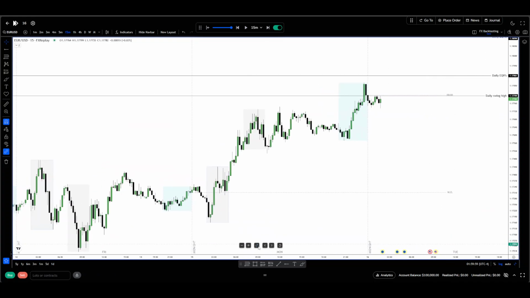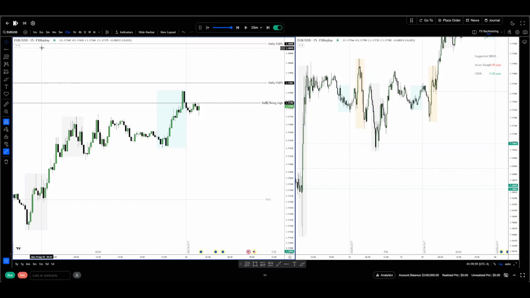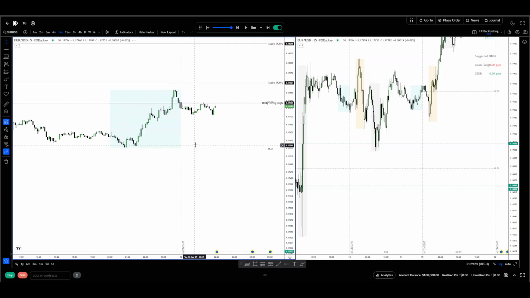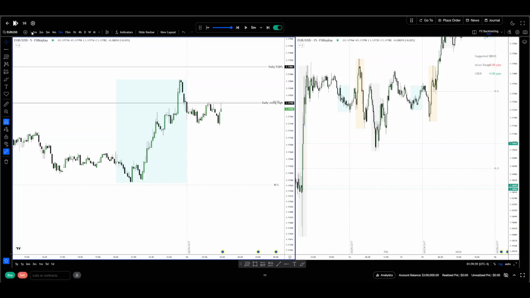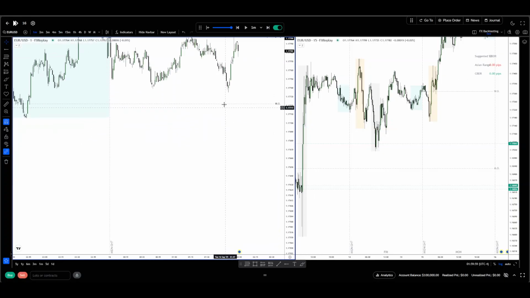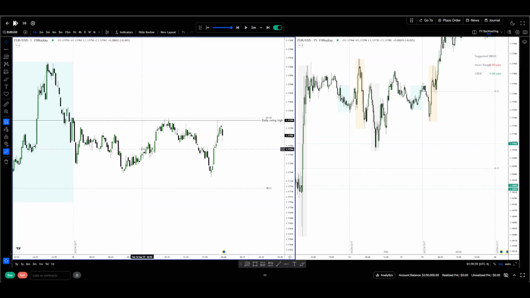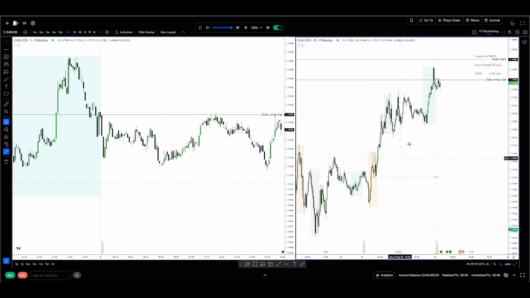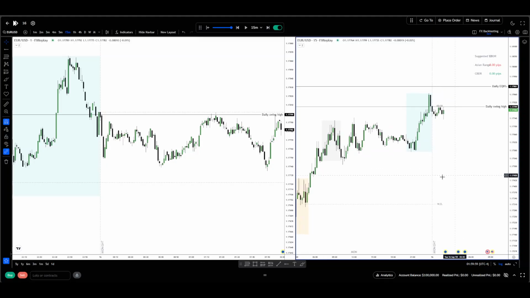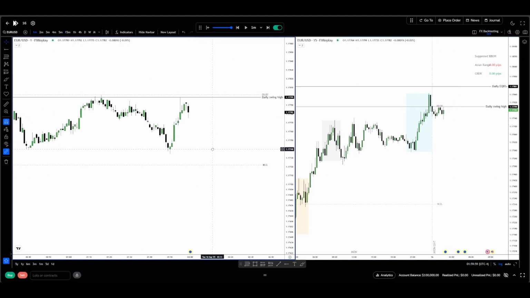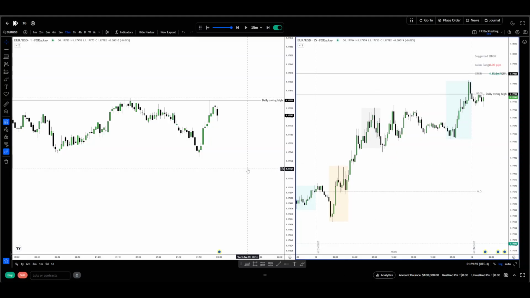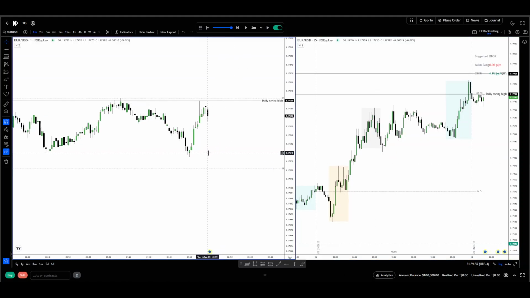Let's split the screen. Right, so here I have the 5 minutes, the 1 minute. The 1 minute over here is ranging. This was Asia. Here we have the 15 minute. So let's see what price is doing. As you can see, the time at the bottom, it's 1 minute.